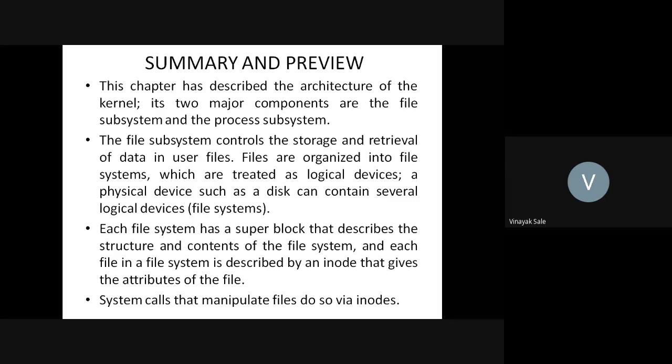Each file system has a superblock that describes its structure, and each file in a file system is described by an inode that gives the attributes of the file. The system calls that manipulate files do so via inodes.